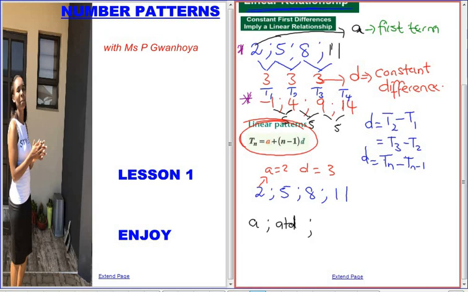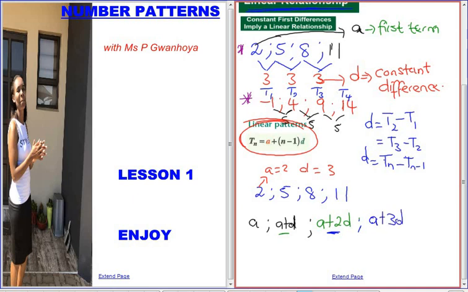Well, to get to the next term, I needed to add another D to the second term. So it means the third term, if I keep adding the common difference, which is D, if I add the common difference to this term, I will have A plus 2D. And now to get to the next term, I have to add D to this term. And of course the next term will be A plus 3D.